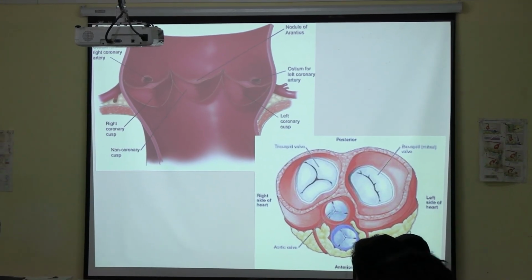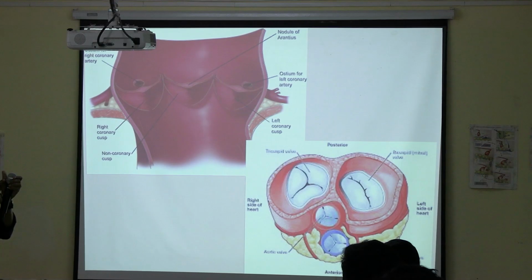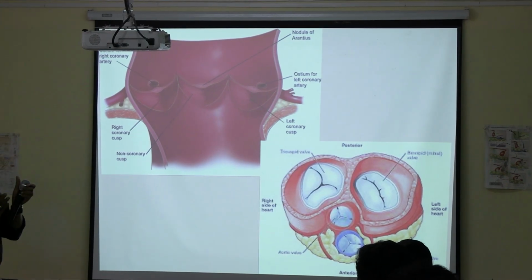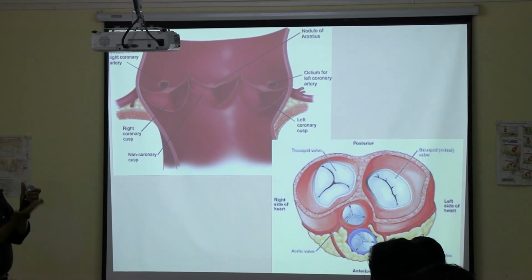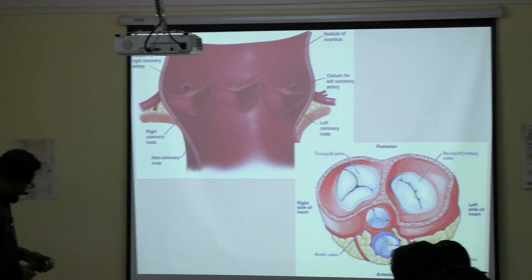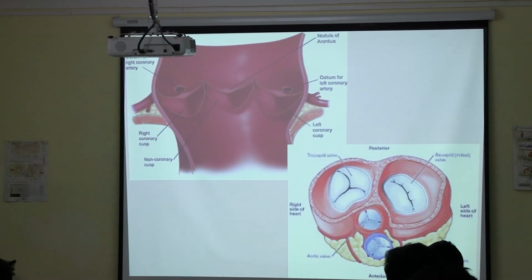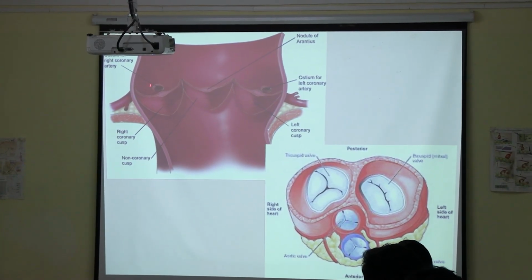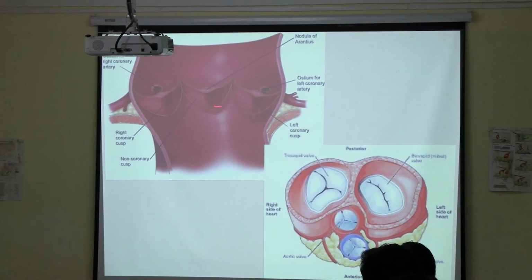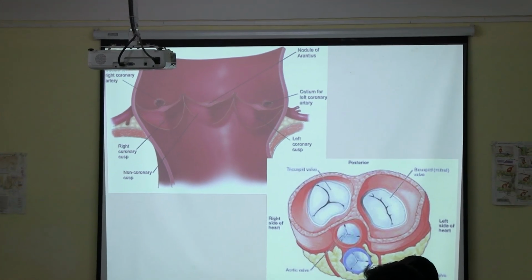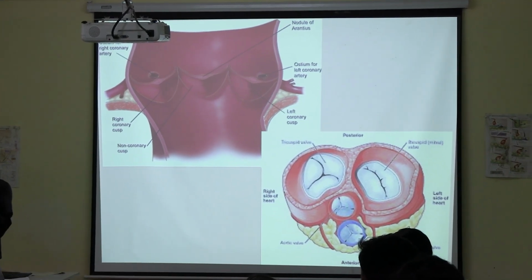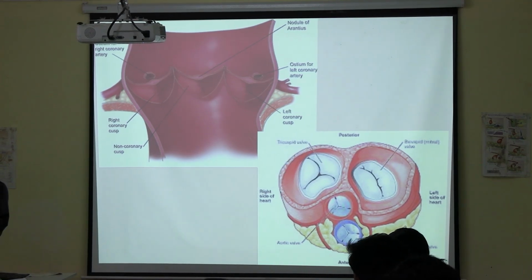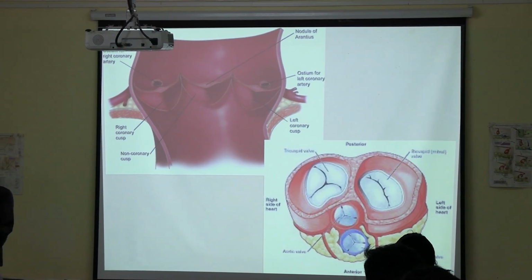I dissected the aorta longitudinally and made it flat, and now it looks like this. These are the three lips, and each cusp is like this: open, close, open, close, open, close.